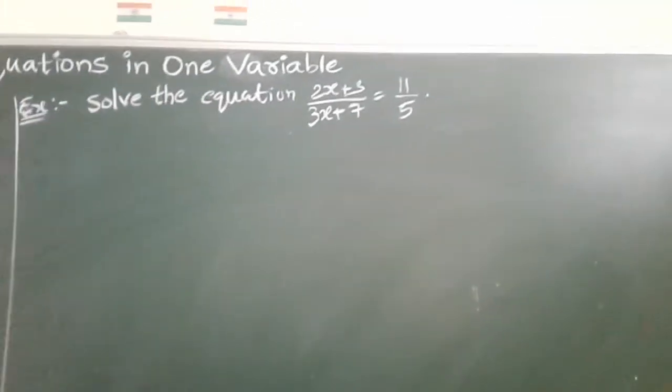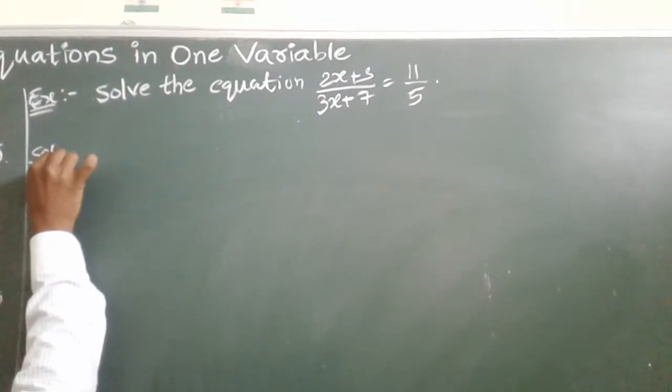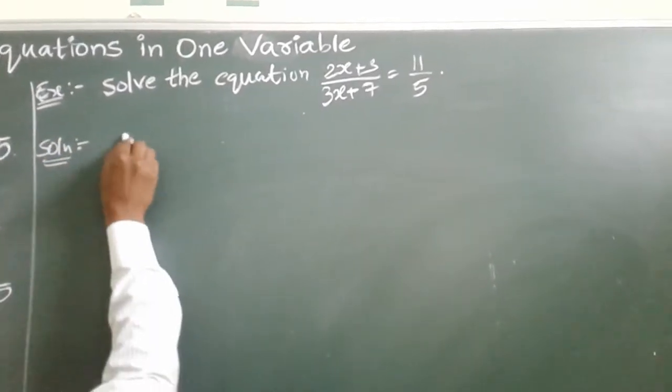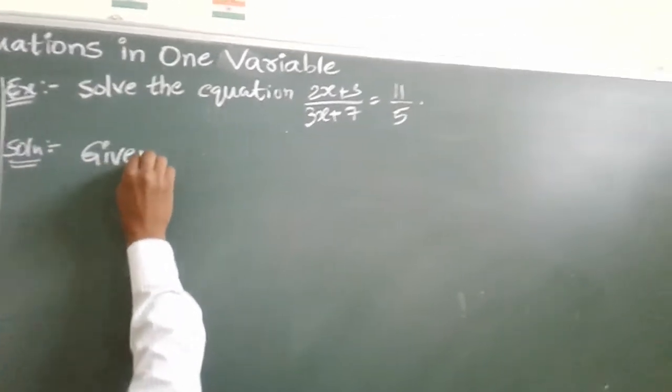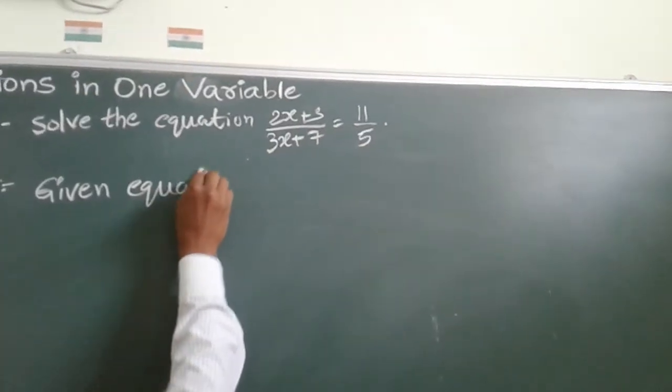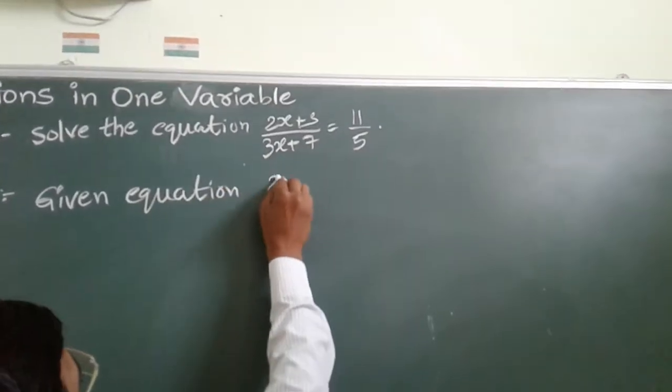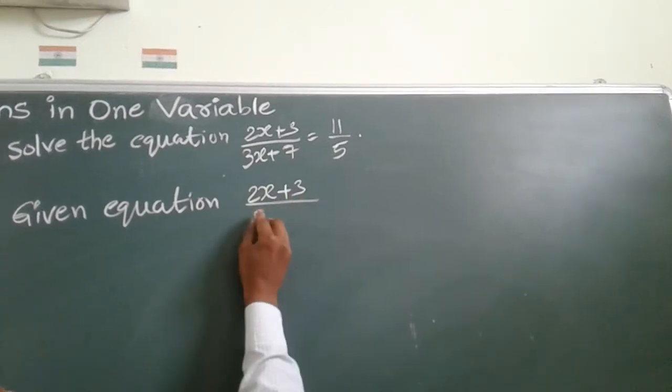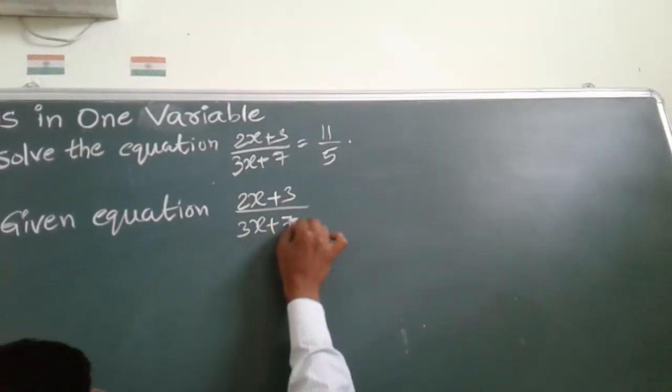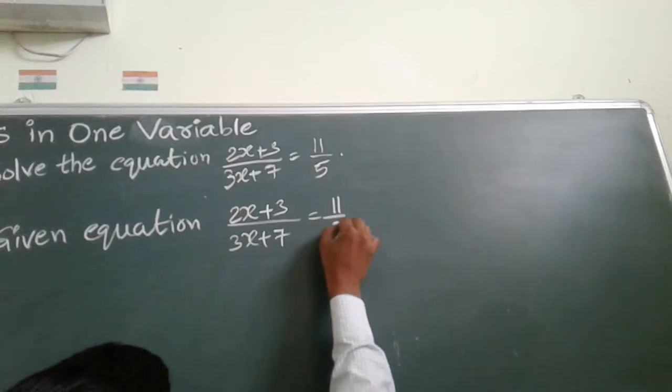So how to simplify this problem? So the same procedure as the last question. Okay, write the given equation. So what is the given equation? 2x plus 3 by 3x plus 7 is equal to 11 by 5.